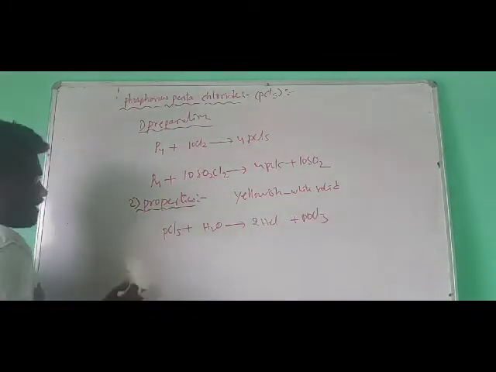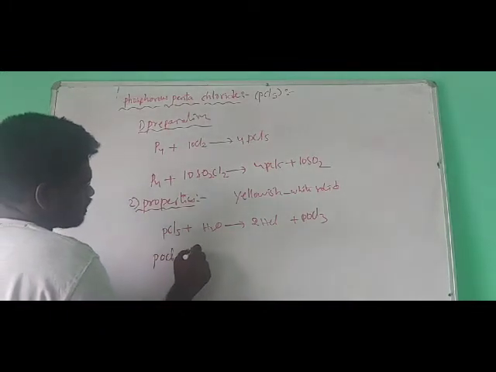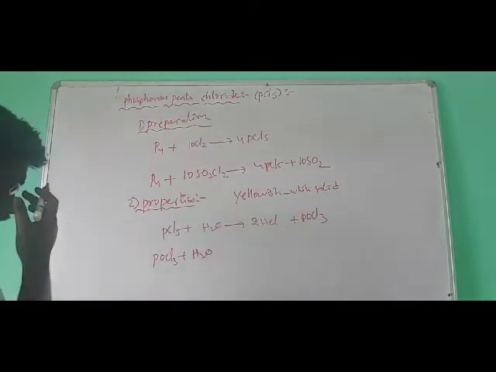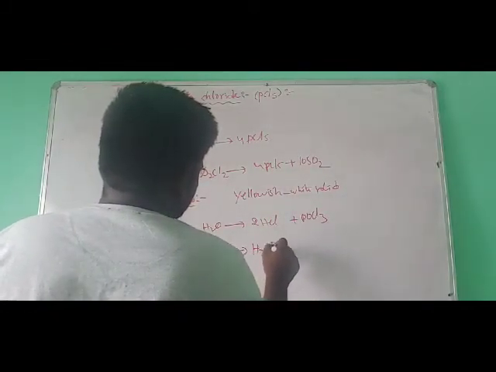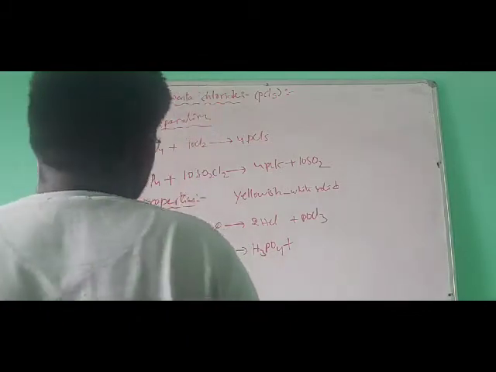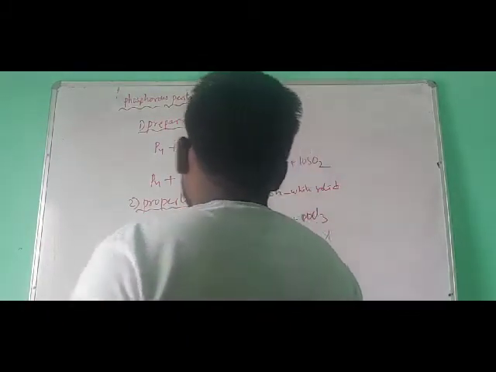This POCl3, when it is further hydrolysed, we can get orthophosphoric acid, that is H3PO4, and next HCl.